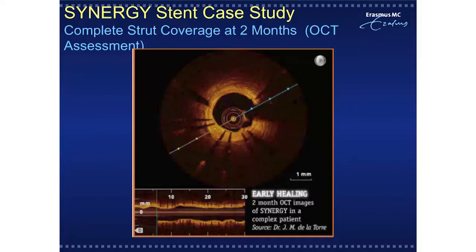This is an example of the Synergy with this abluminal coating, and you can see already at only 2 months how fast it is covered. And I think we can hope to show that we can do this safely in a left main with a short DAPT therapy. So this is really looking at the Celtic bifurcation study, which is currently recruiting.